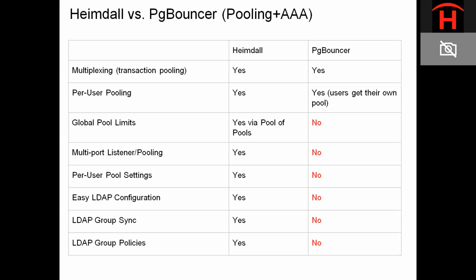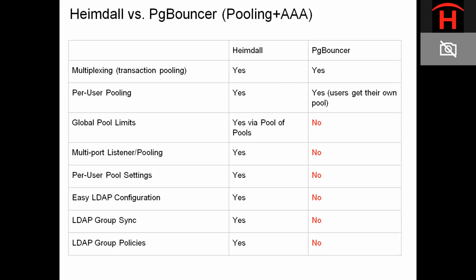But user B, which may be your application server user, could have 100 connections. So as a result, you're controlling both the total pool size and individual user pools. The net result is you can actually constrain the number of connections to match what your connection limit is on the database. With PG Bouncer, when you're dealing with multiple users, you can't do that.